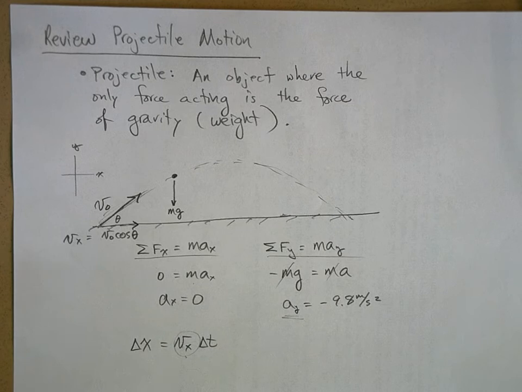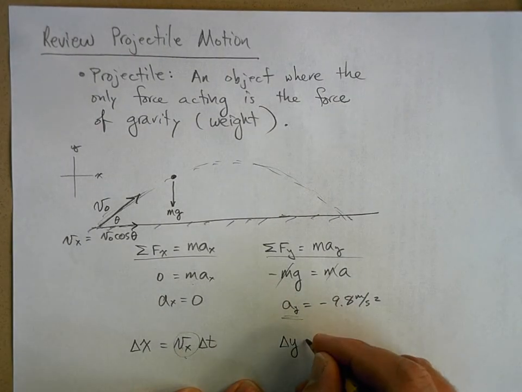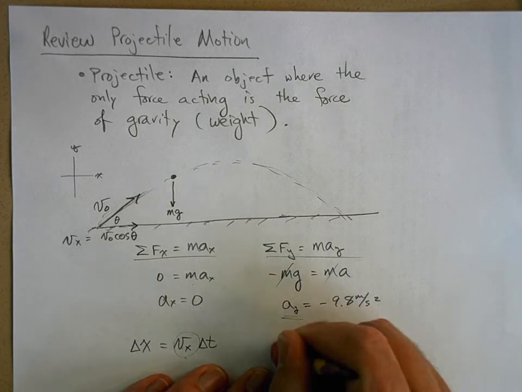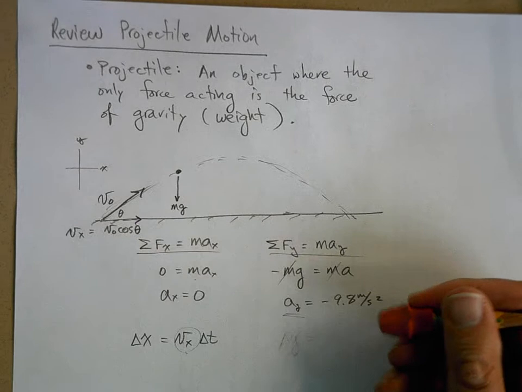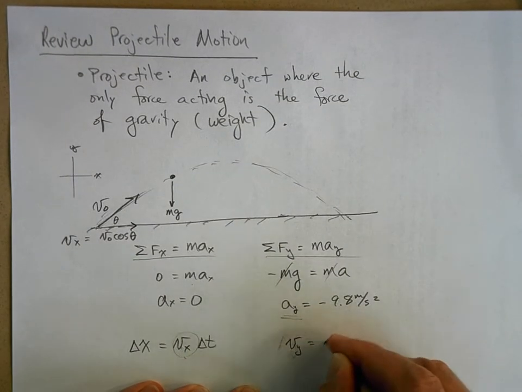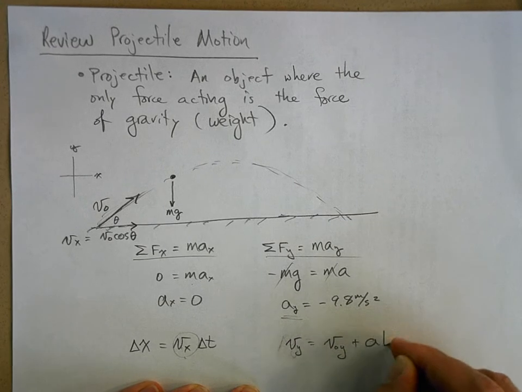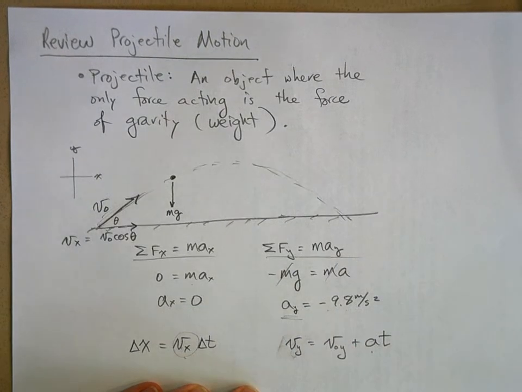But in the y direction, well, look, we have delta y equals, well, actually, let me start with the first one. Keep them in the same order. Right, we have the final velocity in the y equals the initial velocity in the y plus acceleration in the y times time. And what is this acceleration? Negative 9.8.